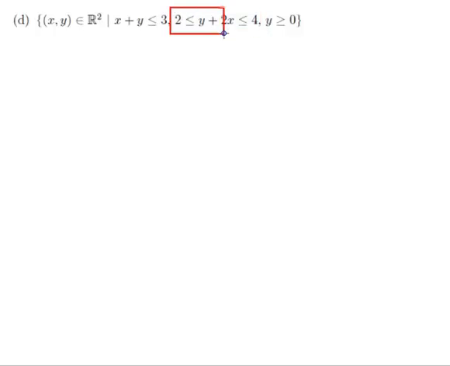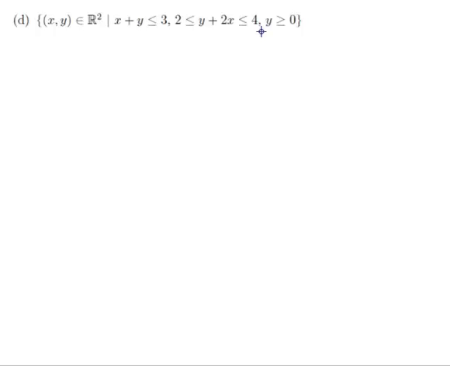There's one here, 2 is less than y plus 2x. And there's one here, y plus 2x is less than or equal to 4. So technically there's 4 things to do, and there's going to be 4 lines on my picture. If you look carefully, 3 of the lines are the same as the lines I've already done, so that should cut my work down. But either way, we still need to draw our axes.